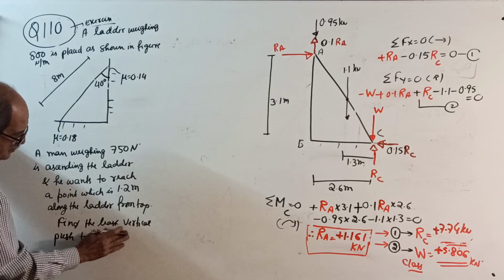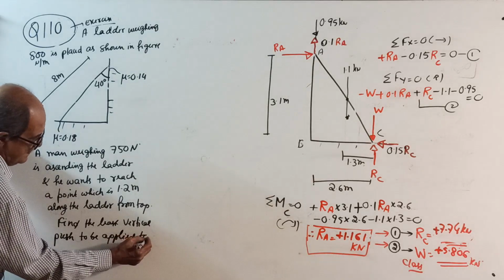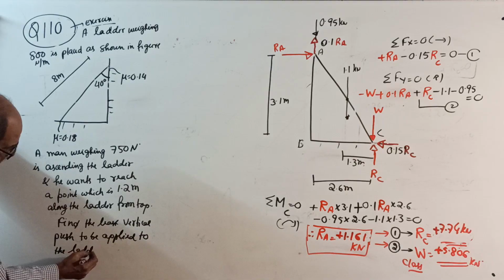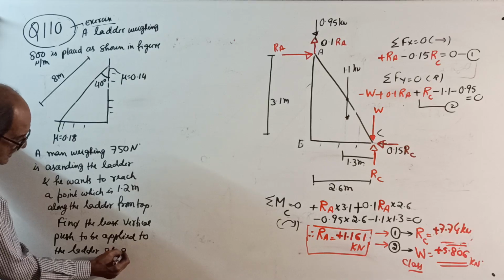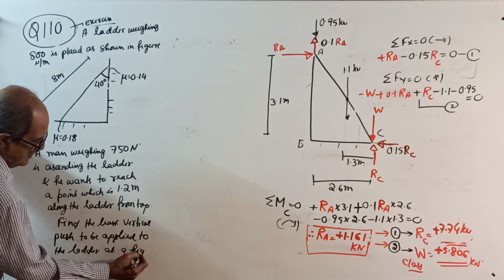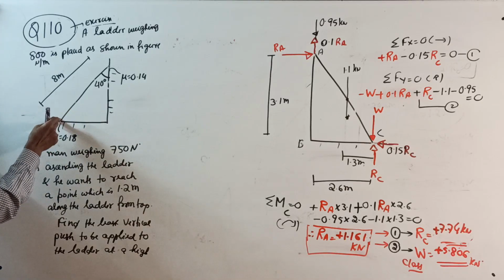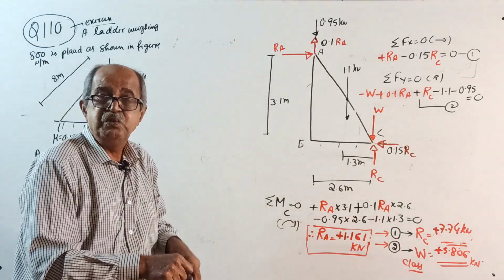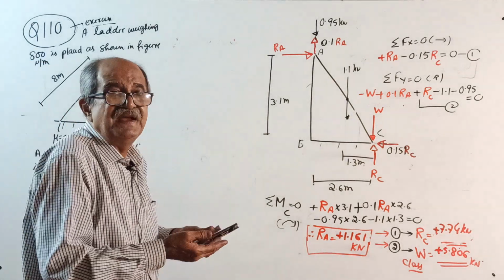To be applied to the ladder at a height of, see, that is not here. Last time the W was here, now on the upper side. Actually, pushing at the exact bottom is difficult. When someone pushes here, he will push slightly on the upper side, a little above.